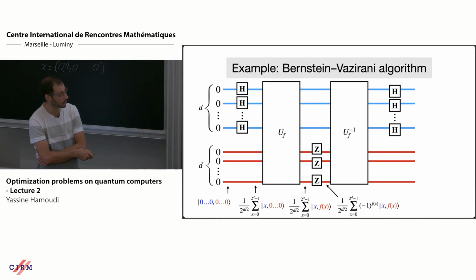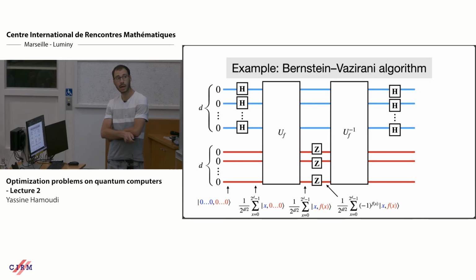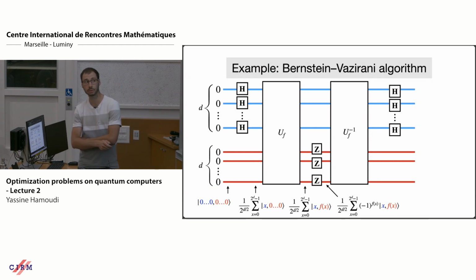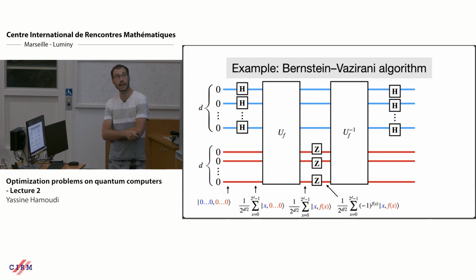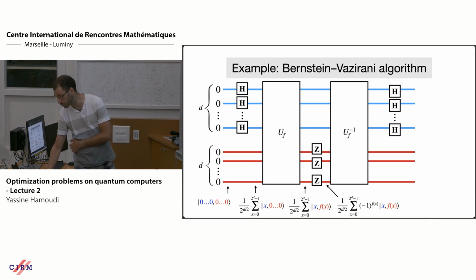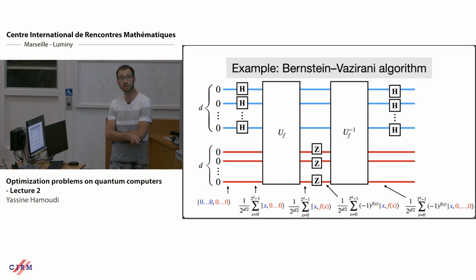And what happens is something very nice. The outcome of the function f is going to be mapped to the phase of the superposition. It's not too complicated to see why that is the case. And then you apply a second quantum query, UF, which is going to erase the contents of the second register. So the second register will be mapped back to a superposition with 0 contained in the last part.